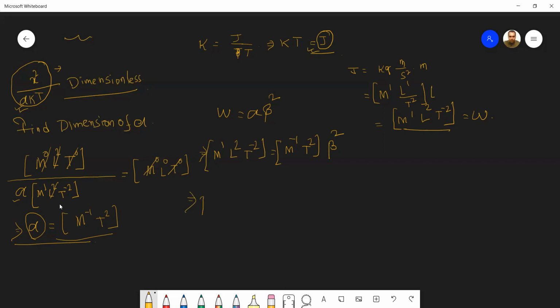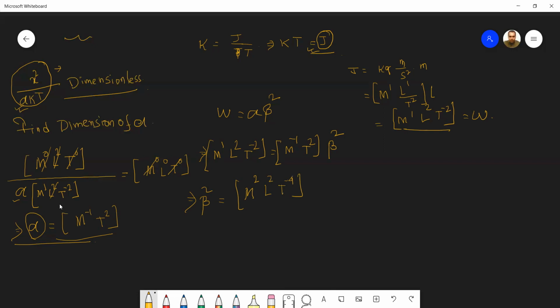So what will be the beta square value here? M1 divided by M minus 1 would be M2. There is no L term, so it will be L2 as it is. T minus 2 divided by T2 would give us T minus 4. So beta square is equal to M2 L2 T minus 4.